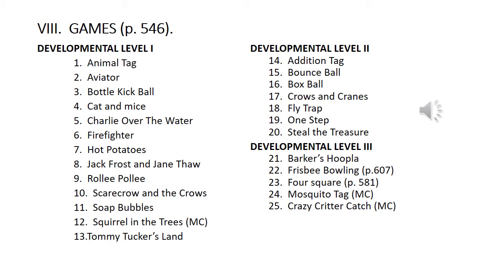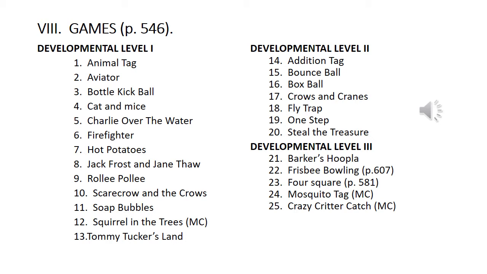But if you notice, number 12 says squirrel in the trees. So let's turn to squirrel in the trees in our book. Yes, you have an activity called squirrel in the trees in the book, but that is not the activity number 12 is going to teach.